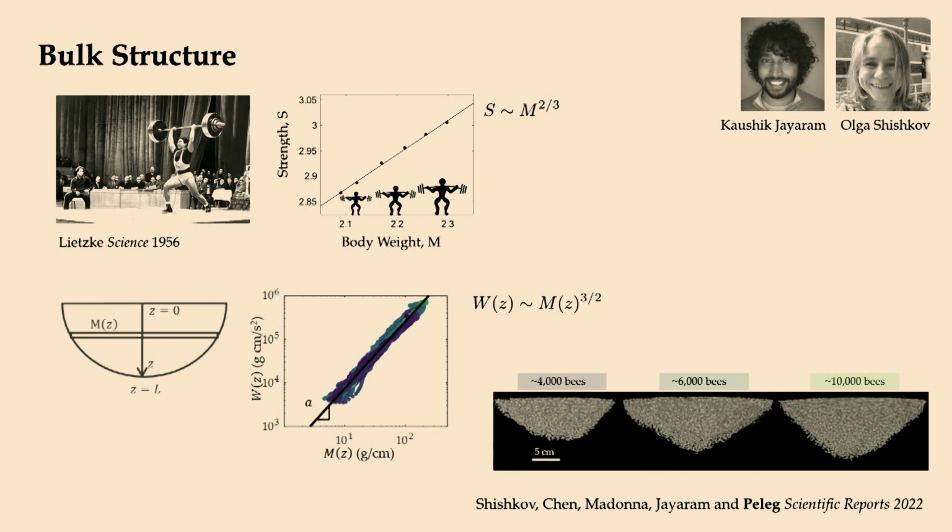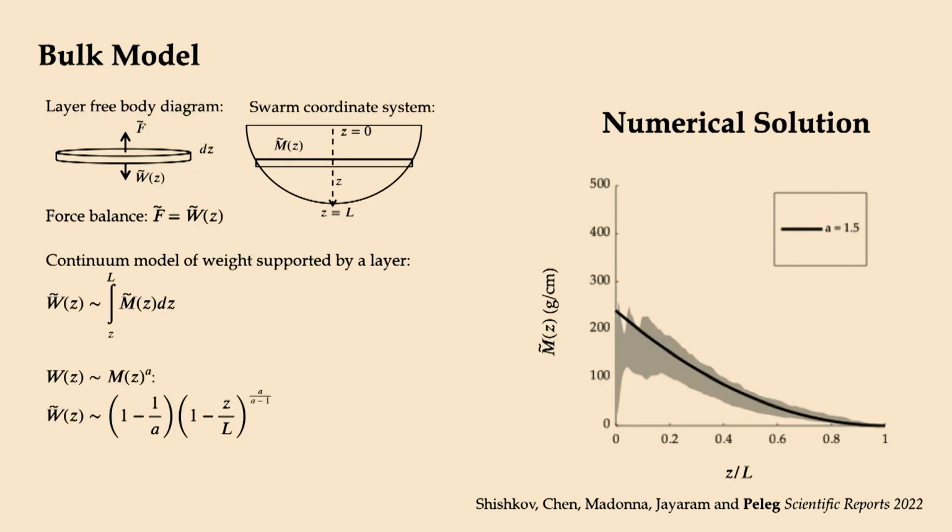I'm probably going to skip fast through this because I'm running out of time, but I'll just say that we were also able to build a simple continuum model of this arrangement of the bees inside. We're representing the weight that the bees are supporting and their own weight in the slice as a scaling law.